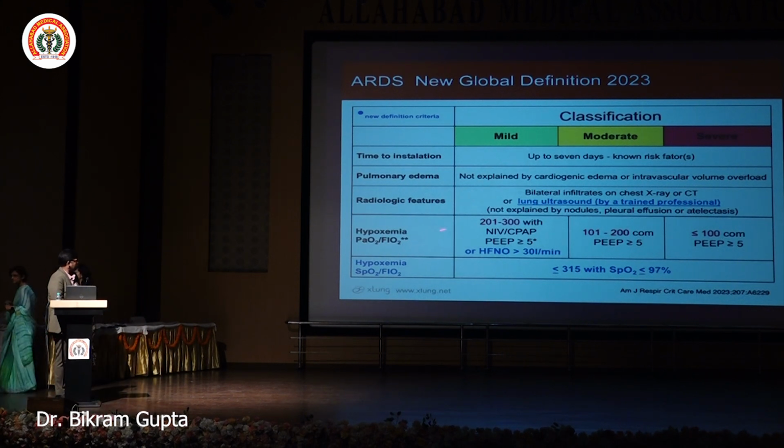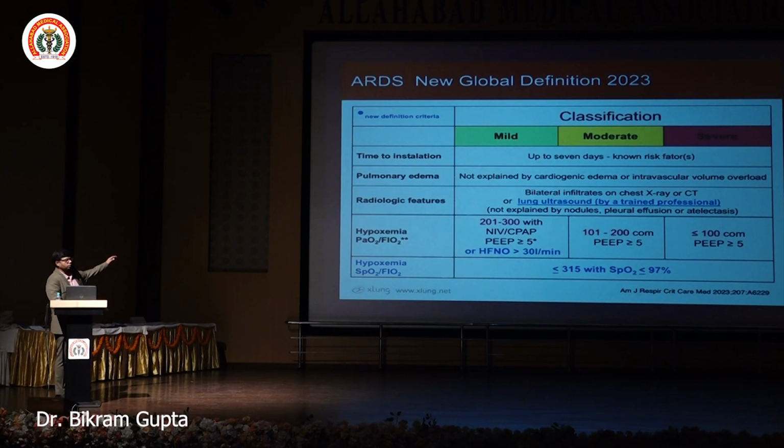Hypoxemia, PF ratio: on the basis of PF ratio, you can divide mild, moderate and severe ARDS, but here they have also included HFNO, and this concept of HFNO comes after the publication of Amato et al. in the NEJM in 2015. During this COVID period there was a lot of use of HFNO, and HFNO is also included for defining mild ARDS.